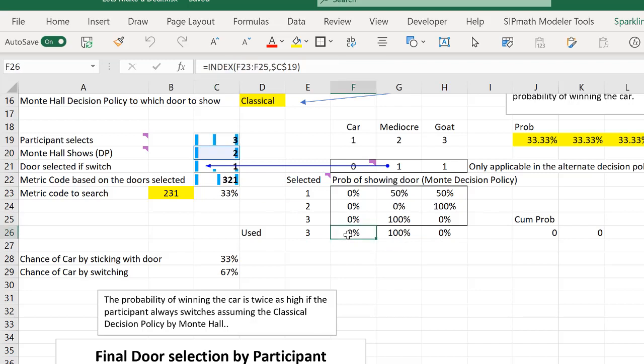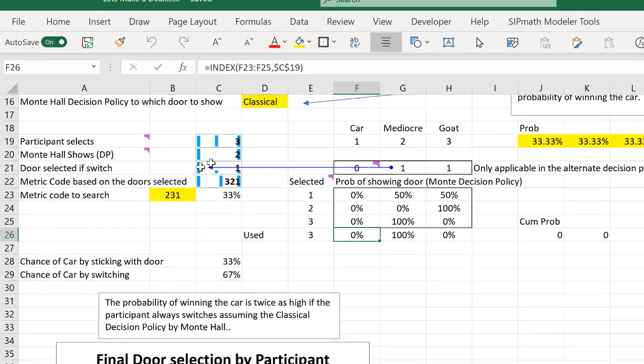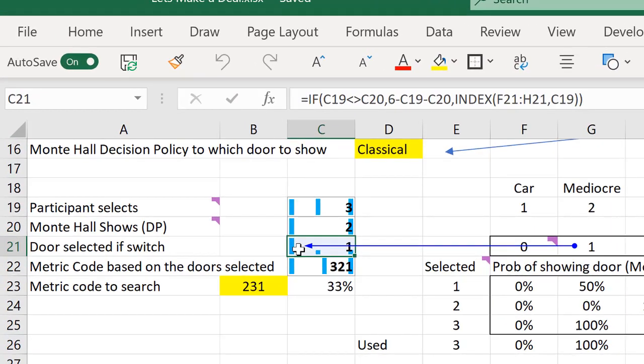The model then makes a selection of these 3 probabilities based on what was selected by the participant, and then we're going to discretely decide which doors to select using this equation up here. To get the door that's selected by the participant when they switch, we simply use the first term here, 6.